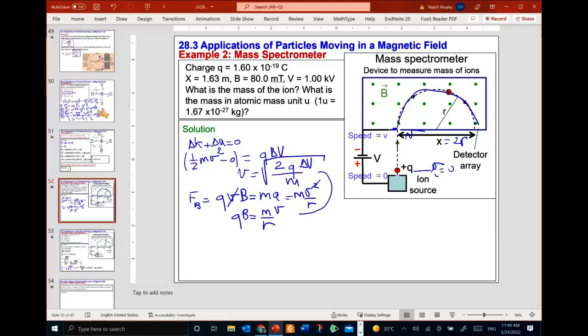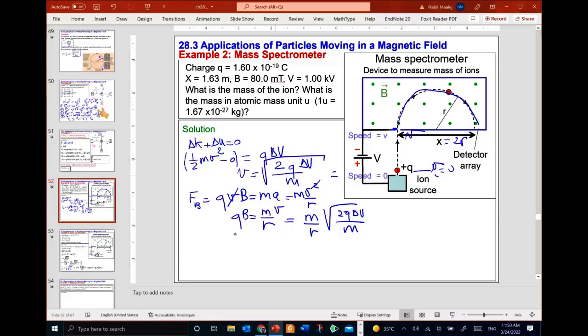Let me replace v here. This is going to be equal to m times the square root of 2q delta V divided by m, and I still have to divide by r. We don't know m, so I did not get a number here because I don't know the mass. So now QB is equal to m over r times the square root of 2q delta V divided by m, and I need to solve for m.